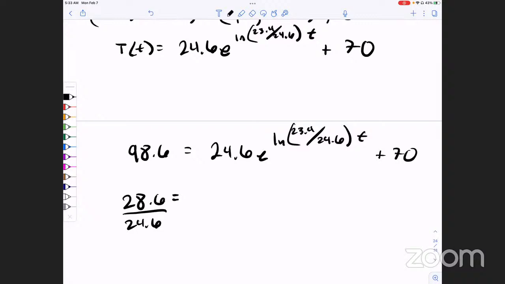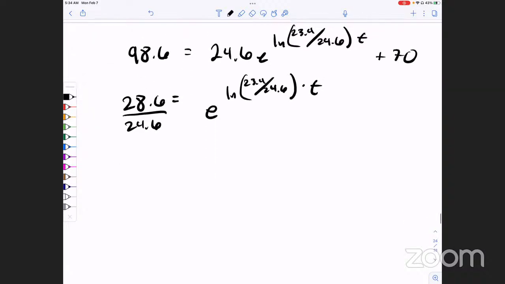At this point we have e to the natural log of 23.4 over 24.6 times T. If we take the natural log on both sides to get that out of the exponent, we're basically doing natural log of this and natural log of all of this, right?